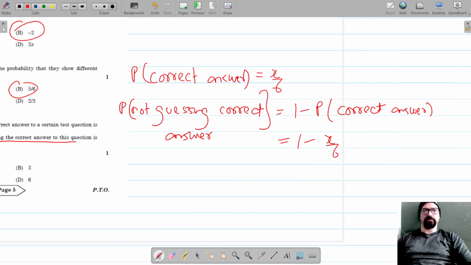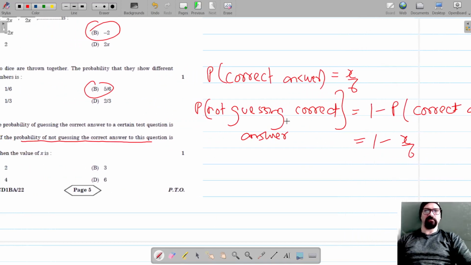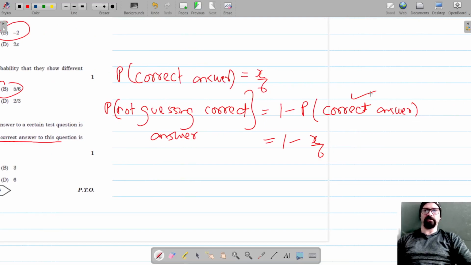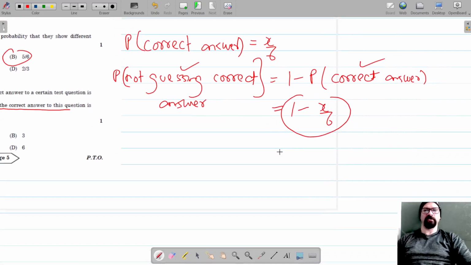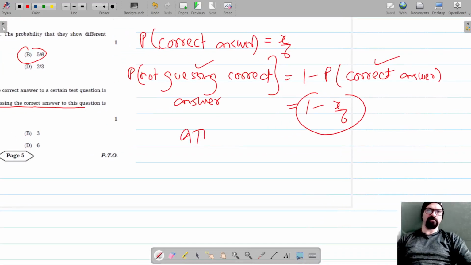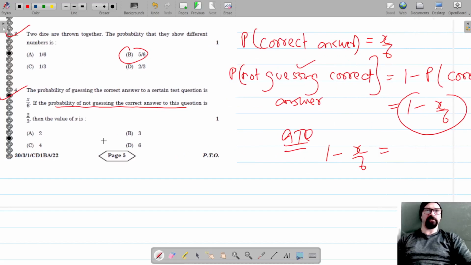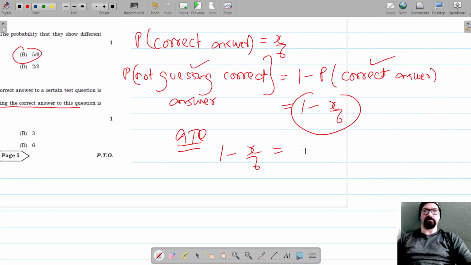According to this question, the probability of not guessing the correct answer, 1 minus x by 6, is given to us as 2 by 3. So let's equate these.